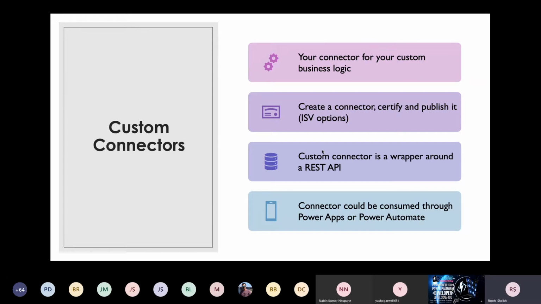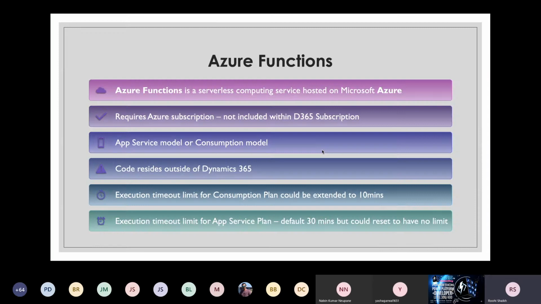Now, so we talked about three things over here: Power Automate, custom connectors, and webhooks, and at the core of it all is Azure functions. So you can write an Azure function, and this can be consumed in each of the three ways that I just discussed, and this is what I'm going to include in my demo today.